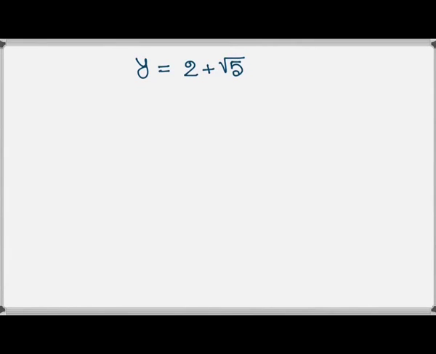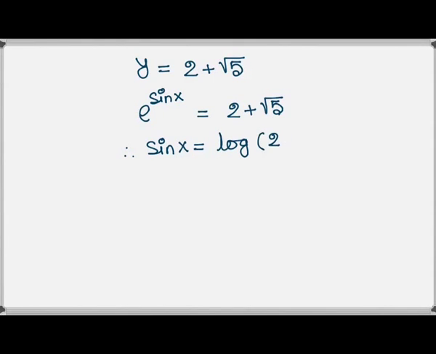Now we write what is y. This is e to the power sin x. So we have e to the power sin x is 2 plus square root of 5. We take logarithm to the base e on both sides of this equation, and therefore we obtain sin x is equal to logarithm of 2 plus square root of 5. Now 2 plus square root of 5 is strictly bigger than 4, and we know 4 is strictly bigger than e.